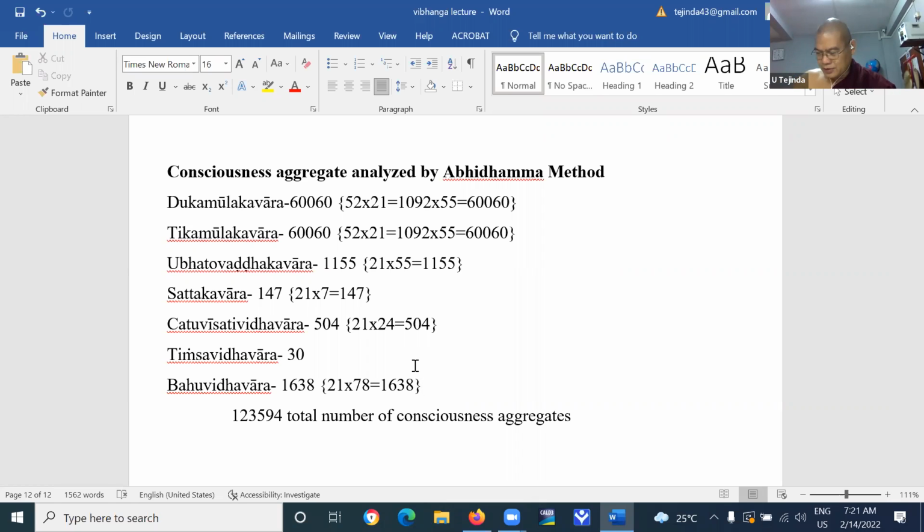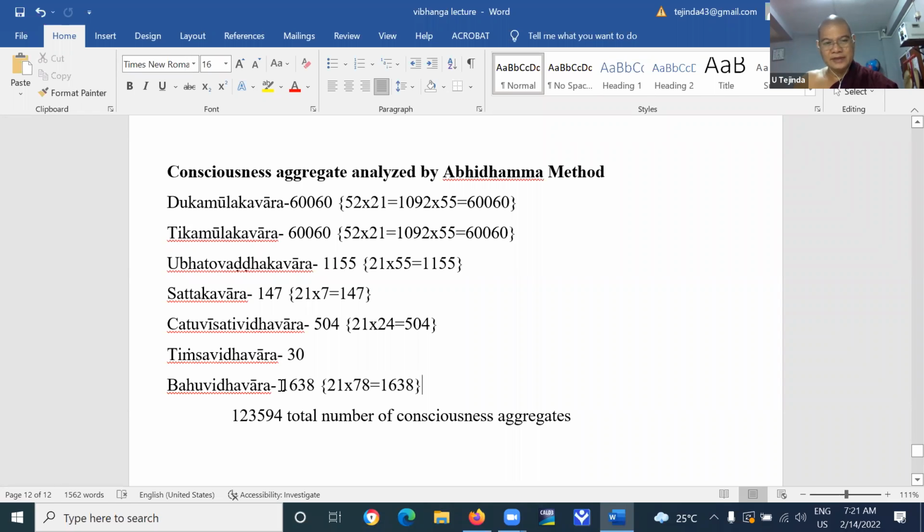Instead of 1, 2, 2, 9, I forget the number. Especially in Bhuvida Vara, each tika we have 78 Vijnana Khanda instead of 48 Vijnana Khanda.